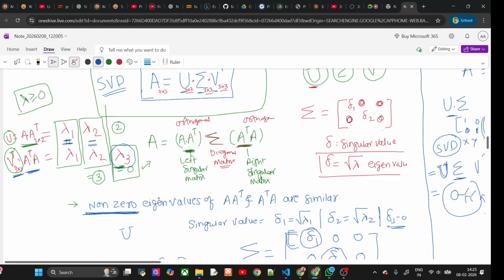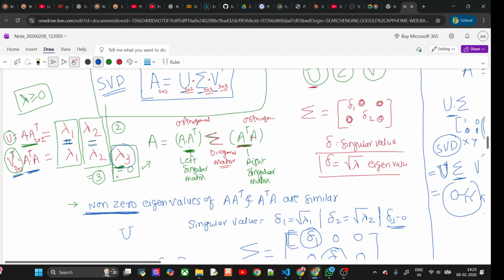That is what we will learn now in solving issue 1, and there I'm using this logic, this important statement about the matrix. We can also prove that A into A transpose has the same non-zero eigenvalues as A transpose into A; lambda 1 of both are similar.